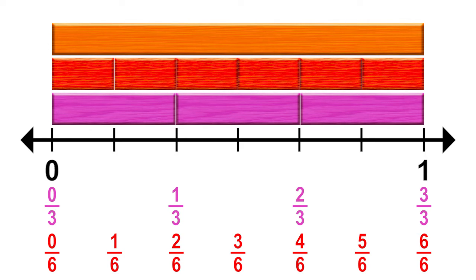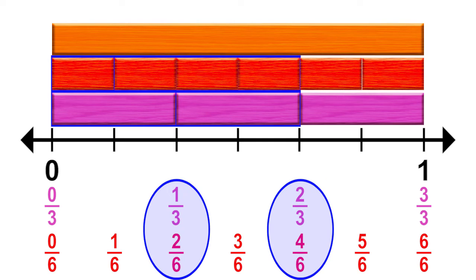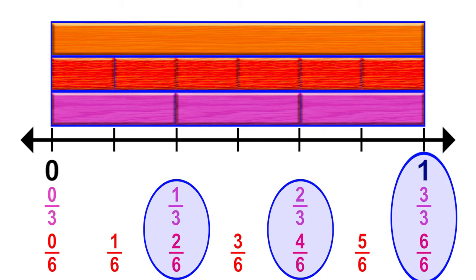We have many equivalent fractions to name at this point. 1/3 is equivalent to 2/6, 4/6 is equivalent to 2/3, and 6/6 is equivalent to 3/3, and 1. I have used the Cuisenaire rods to help make our equivalent fractions visible or more easily identifiable.